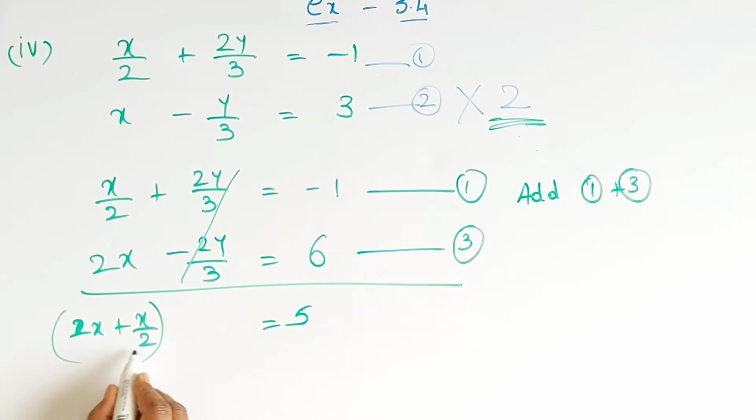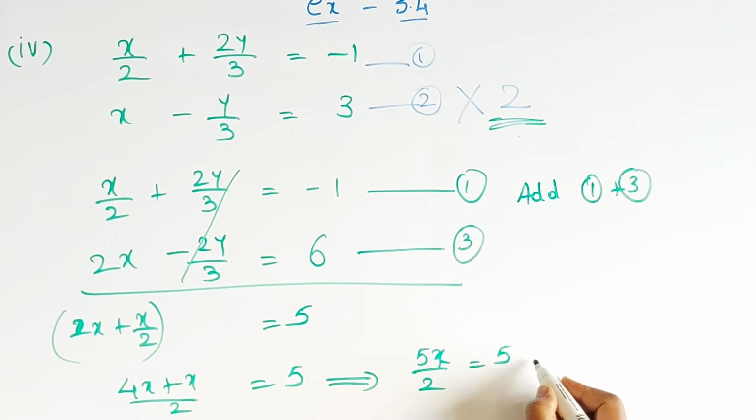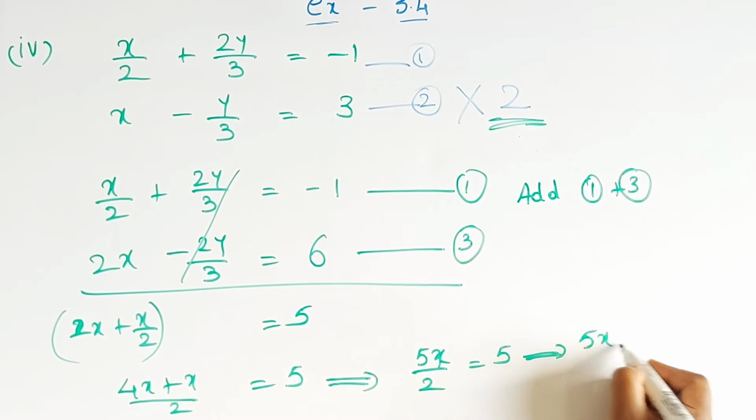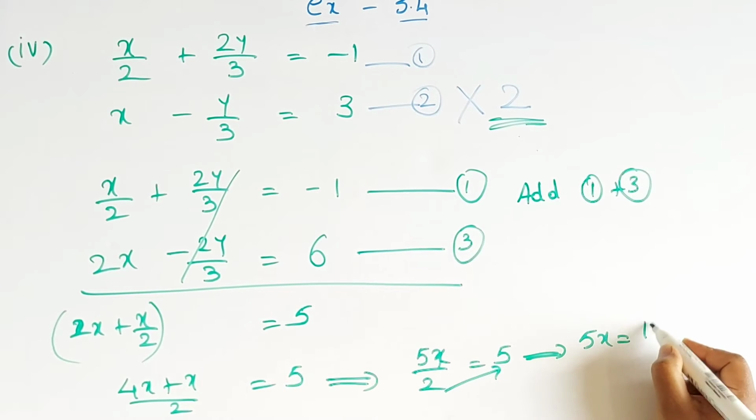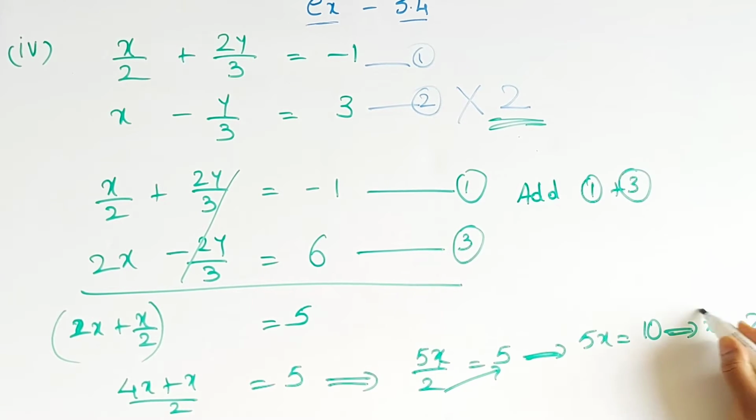Now this one, 2 twos are 4x plus x/2 equal to 5. From here, 5x/2 equal to 5, children. Therefore, 5x equal to 5 into 2, 10. Therefore, x equal to 10/5, that equals 2, children. The x value is 2.